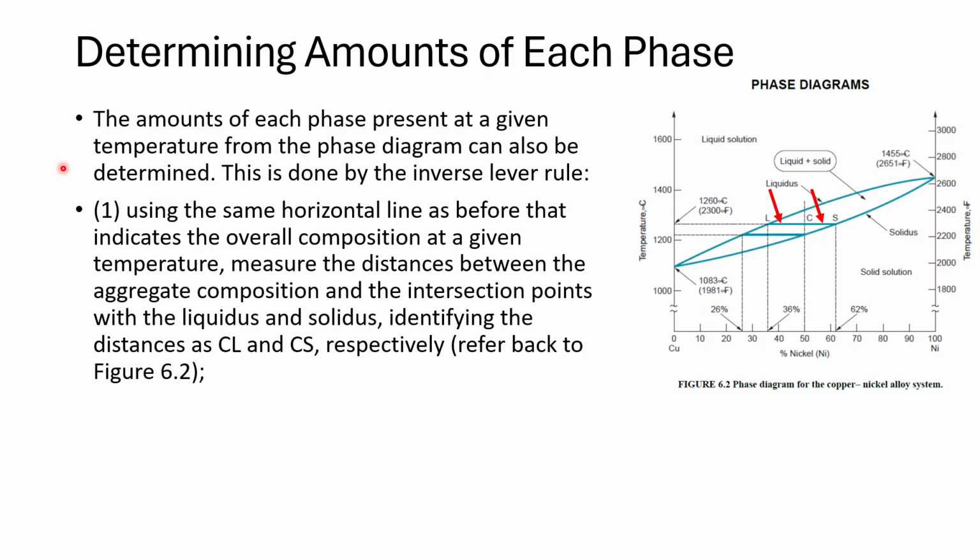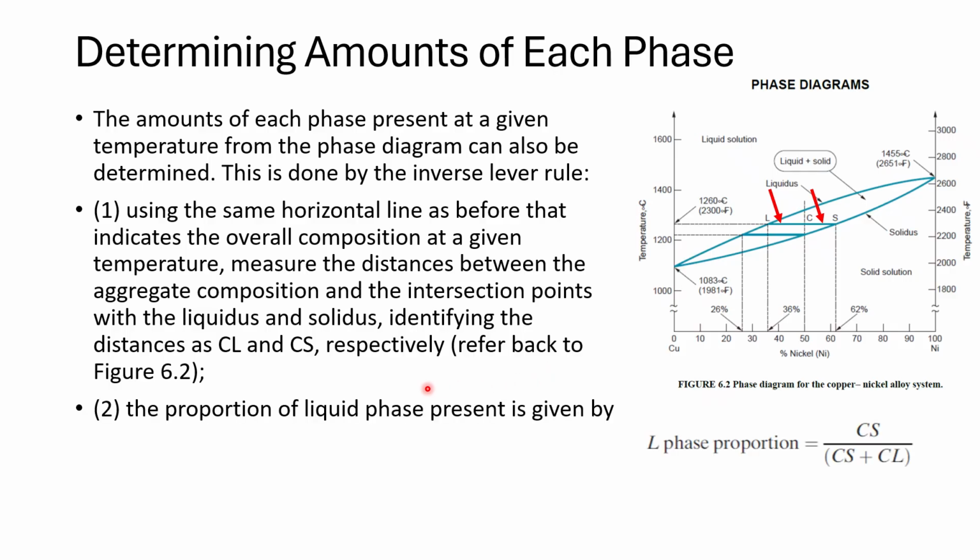Using the same horizontal line that we sketch at a certain temperature, intersecting with the liquidus and the solidus, and with the 50% line sketched here, we're going to have the LC and the CS sections. So we need simply to identify these distances, and then we can apply the following equation.